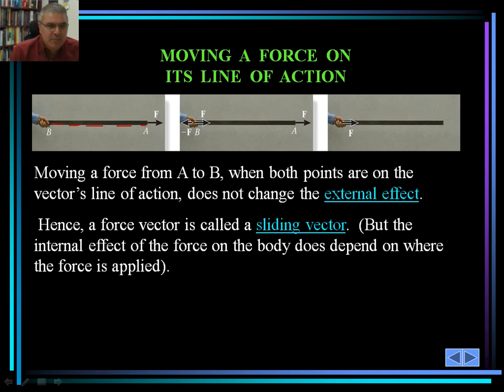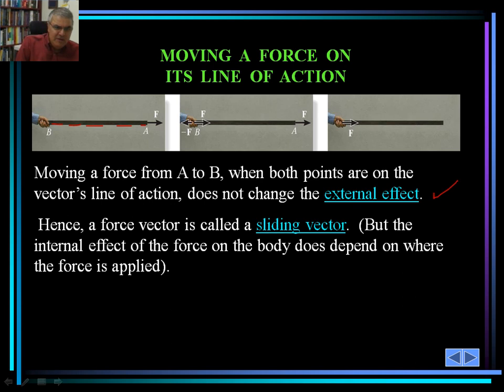We would like to take a look at different vectors, line of actions in this case, and show that the vector's line of action does not really change the external effects.